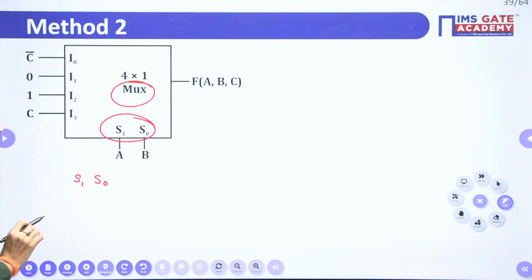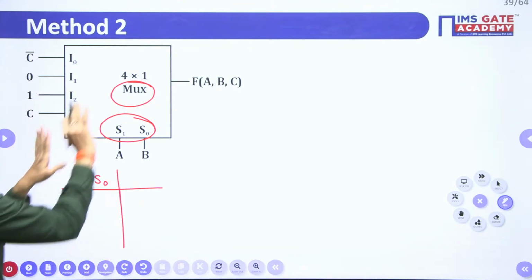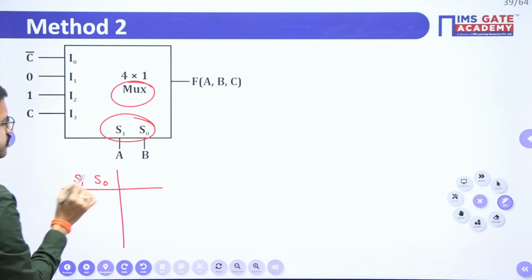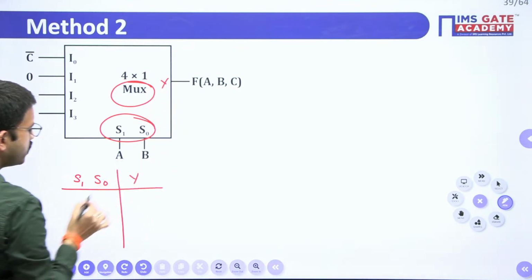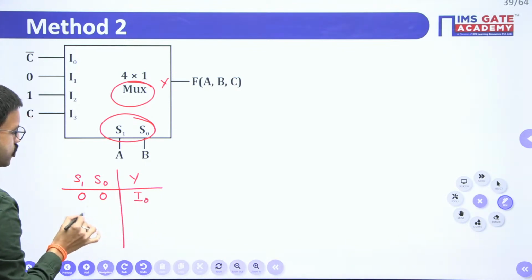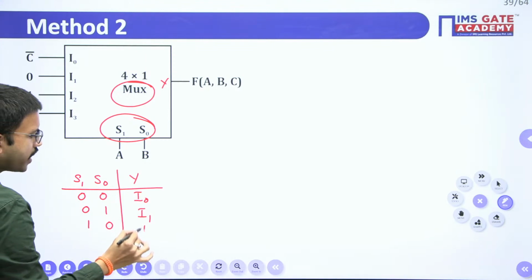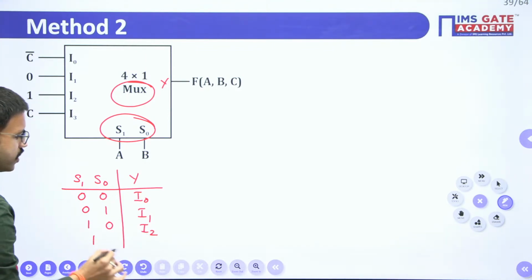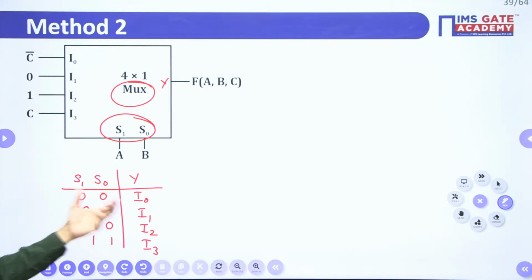S1, S0 are the selection lines, and here you are having the output Y. For the 0-0 combination, I0 will be connected. For 0-1, I1 will be connected. For 1-0, I2 will be connected. For 1-1, I3 will be connected. This is the truth table of the 4/1 mux. I hope all of you are familiar.